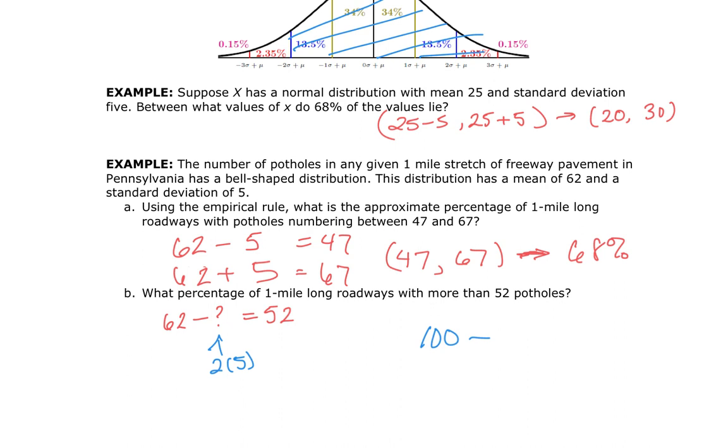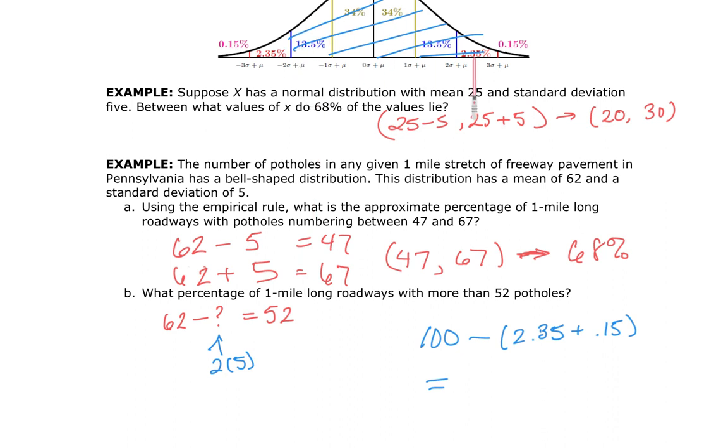So rather than do an addition, let's do 100% minus the 2.35 and that 0.15. Because I am 2 standard deviations below, everything to the right of that is this. So 52 is 2 standard deviations down below the mean.